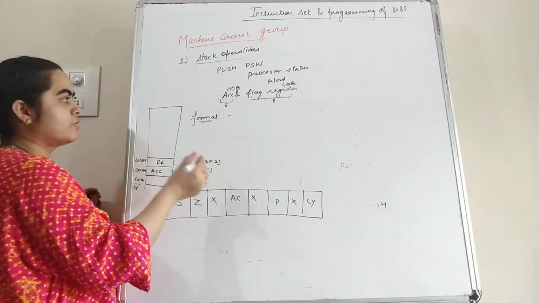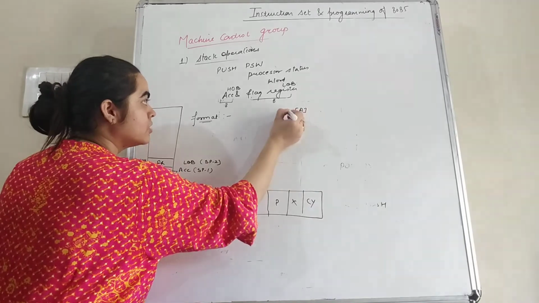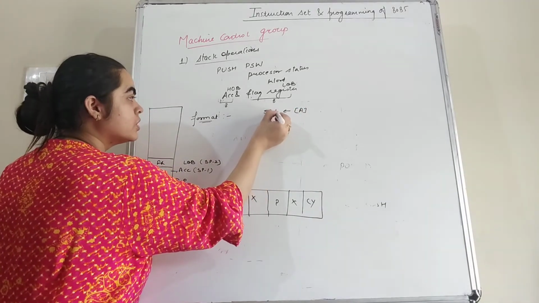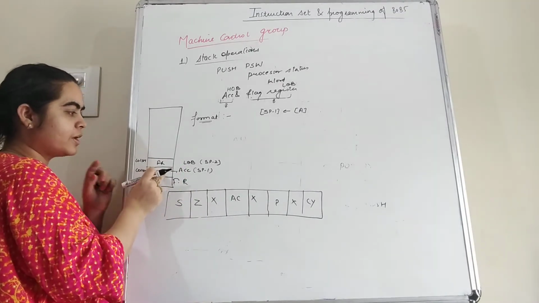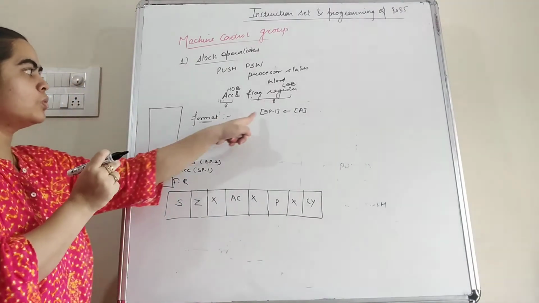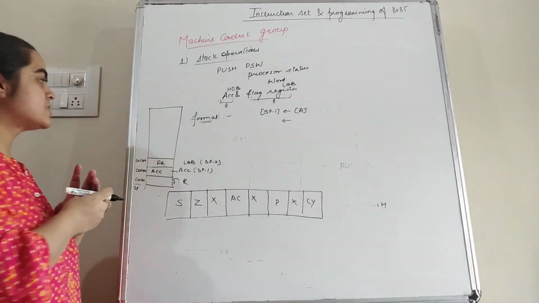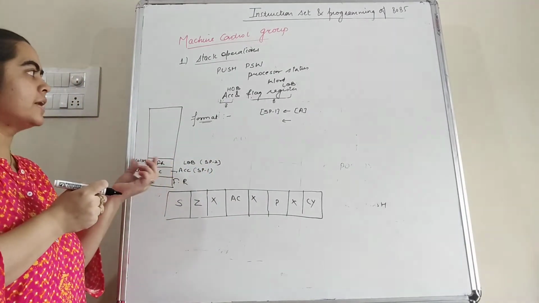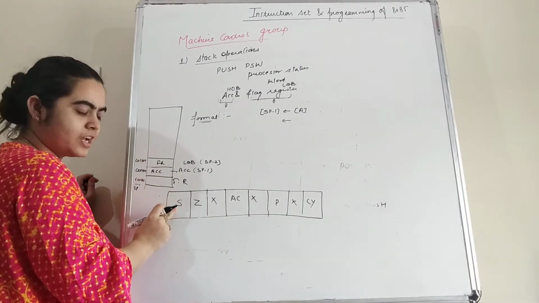Now you can see the format. Initially, the value of the accumulator we push into SP minus 1. So SP minus 1 is this, and we push the higher order byte into SP minus 1. Then the value of the flag register we push in SP minus 2. So students, now you can see initially we have sign flag.